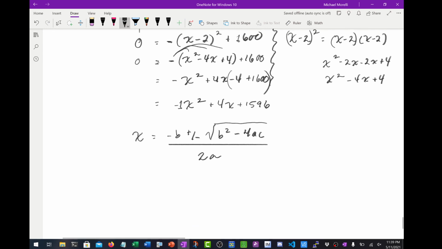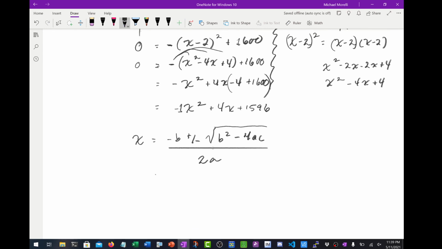Okay. And so here we'll plug in our numbers. -1 is a, b is 4, c is 1596.